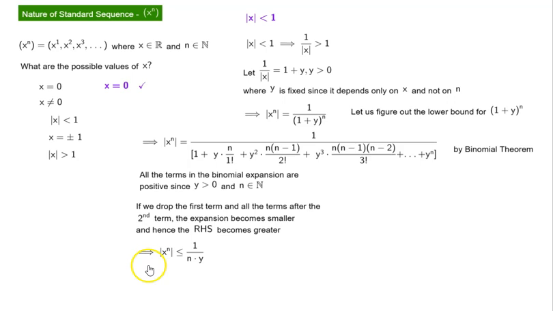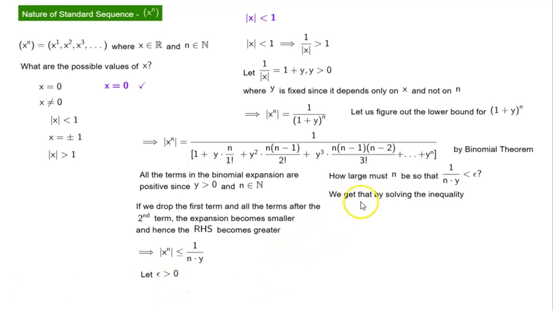What happens? Magnitude of x to the power of n becomes less than or equal to 1 by n times y. All the other terms we drop. Because as of now, it is equality, it becomes an inequality because we drop all those terms. Now, let epsilon be greater than 0.